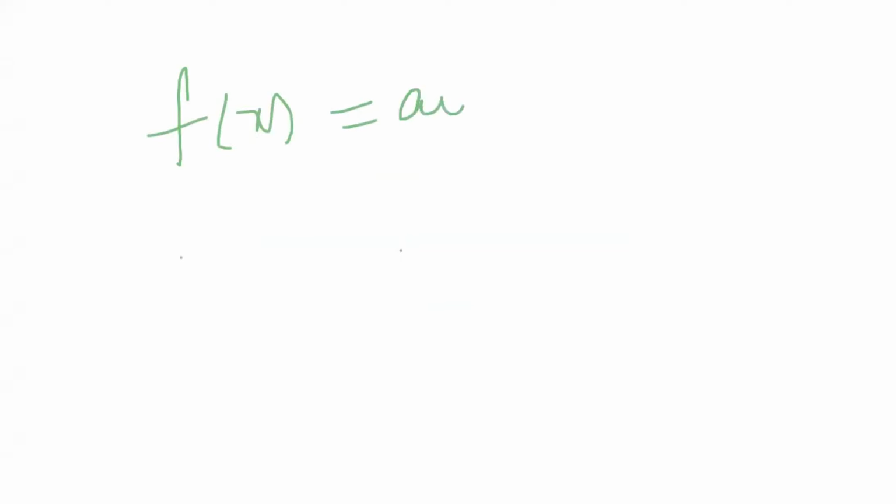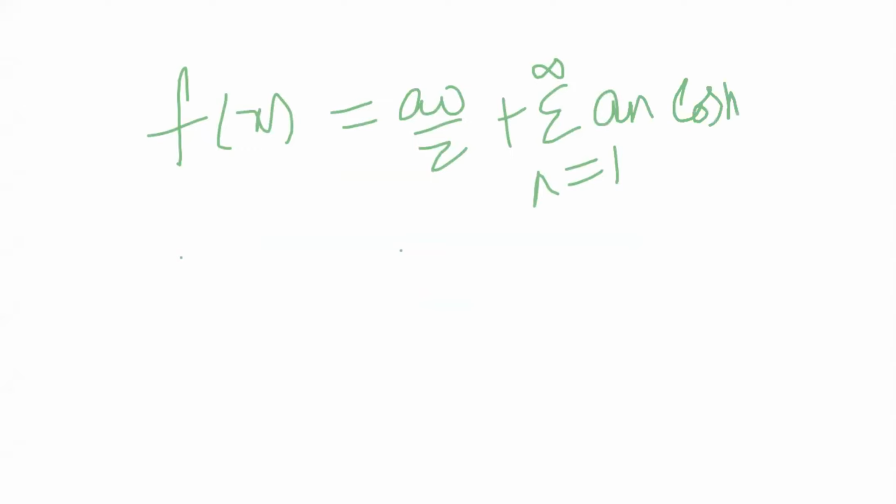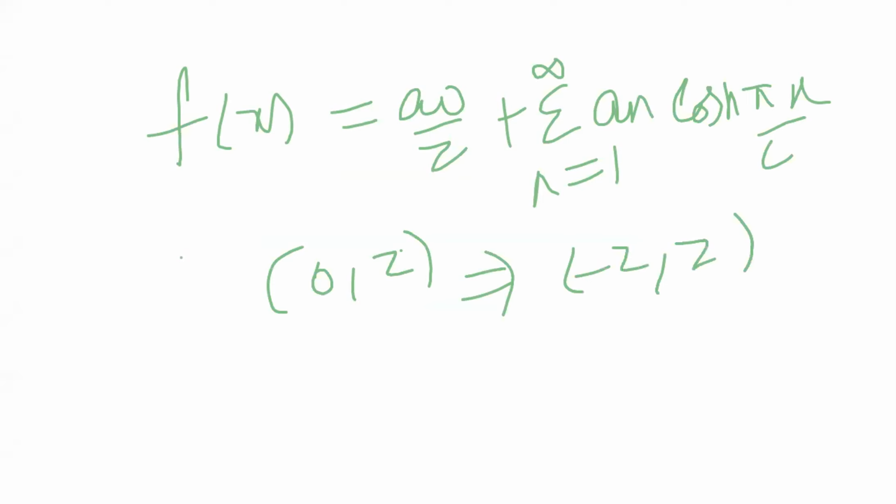f of x equal to a naught by 2 plus sigma n equal to 1 to infinity a n cos n pi x by c. Here c is the given limit, 0 to 2, so it is extended to minus 2, 2 from the diagram. Comparing with the general limits of the half range series, c equal to 2.